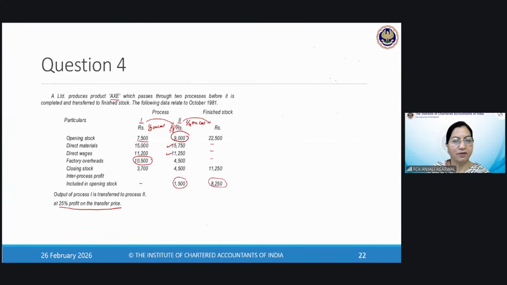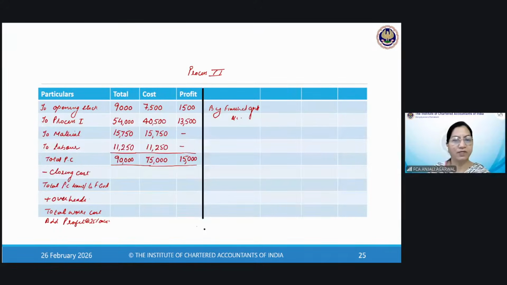Now, before you look at the closing overhead, which is 4,500, you have to look at the closing stocks. So overheads and closing stocks both are basically 4,500 each. So first subtract the closing stock, 4,500. What is the relation of 90,000 and 4,500?